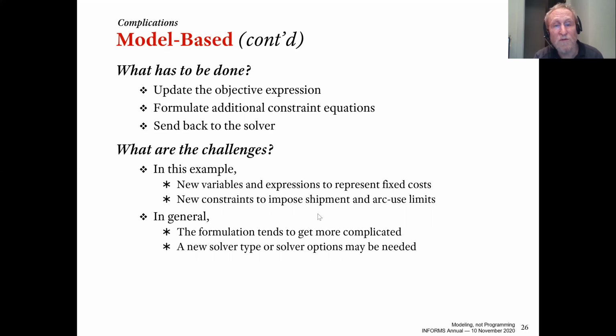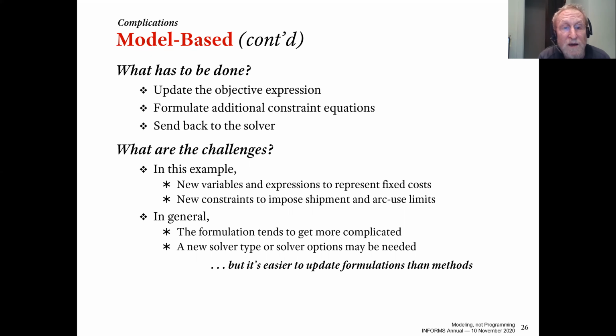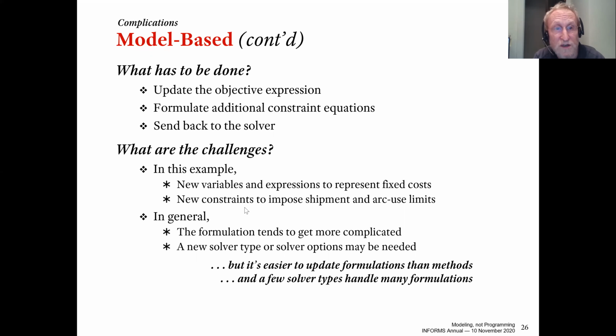But in general, the formulation does tend to get more complicated, but a new solver type or options may or may not be needed. It's easier to update formulations than methods, and a few solver types actually handle many formulations. So the challenges are not as daunting here when you have to go back and change your formulation as when you have to go back and change your method.